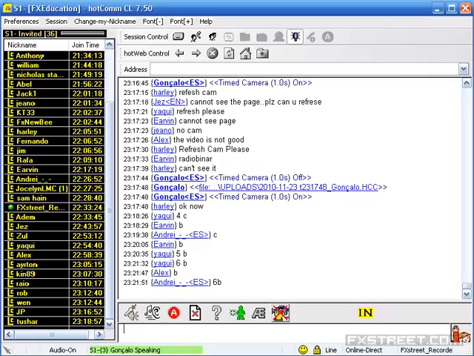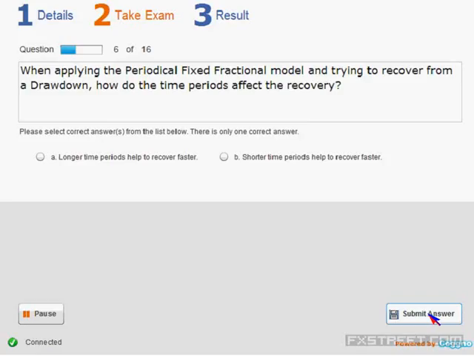used then to recalculate the new position size after a certain time. Okay, so when we apply this technique and we need to recover from a drawdown, how do the time periods affect the recovery? Longer time periods help to recover faster from a drawdown, or shorter time periods help to recover faster.